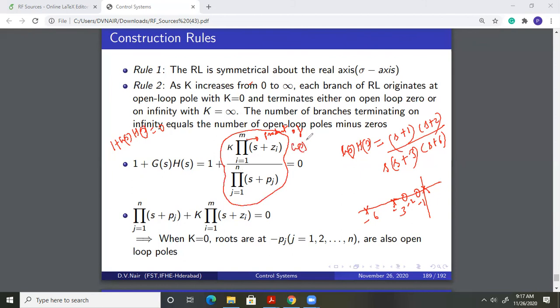G(s)H(s). So if I have something like this, 1 plus G(s)H(s), the characteristic equation right hand side will be 0. So I got 1 plus G(s)H(s) equal to 0, and G(s)H(s) is represented in pole zero form with K kept outside, because this is the quantity which we will be varying from 0 to infinity to find the corresponding roots of the characteristic equation of the closed loop system.